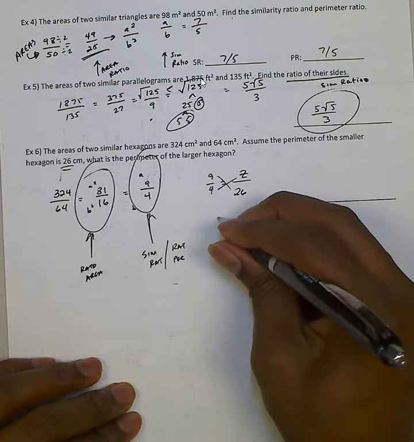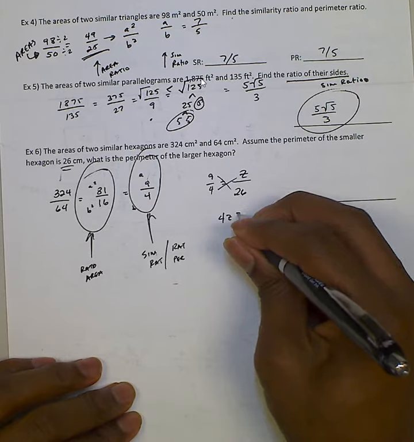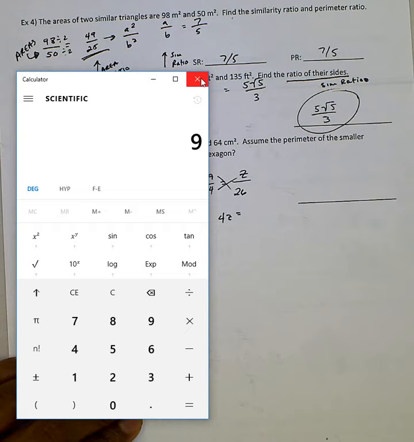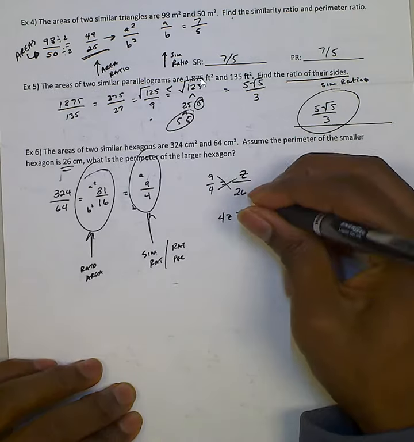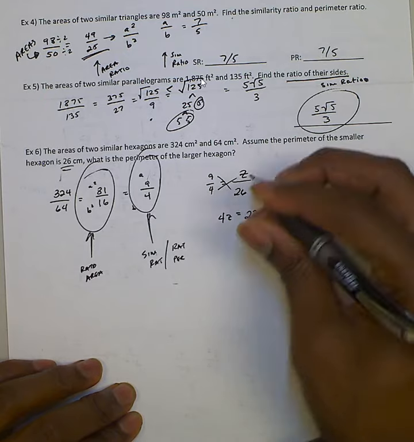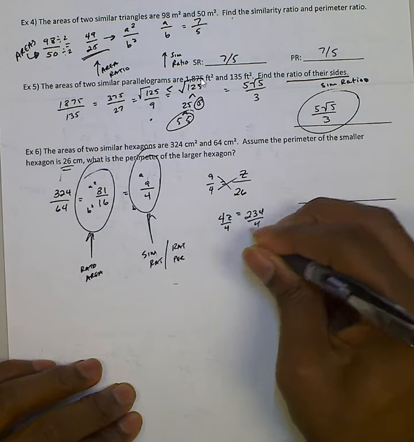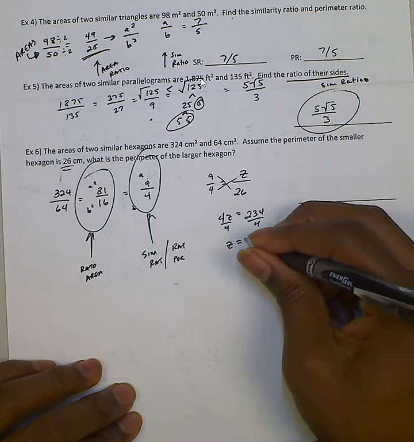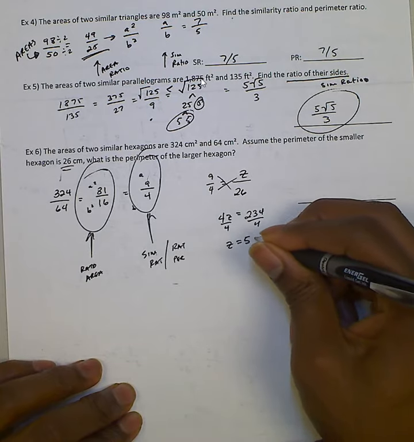Okay, so 4z equals 234. Make sure that I'm right. 9 times 26, 234. Divide by 4 to find z. And z is going to be 58.5.